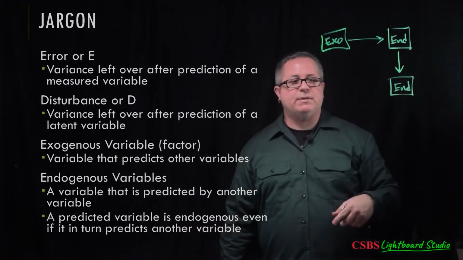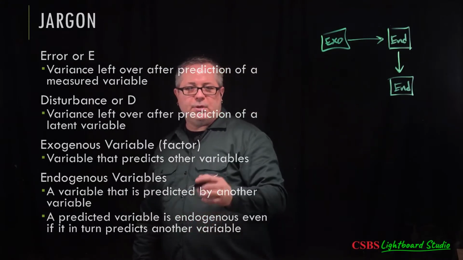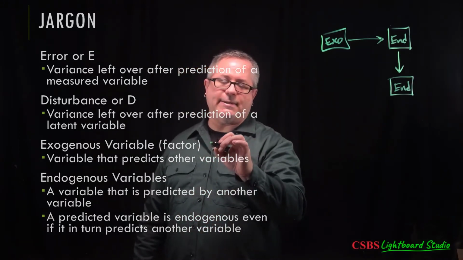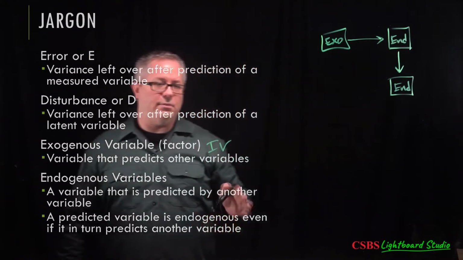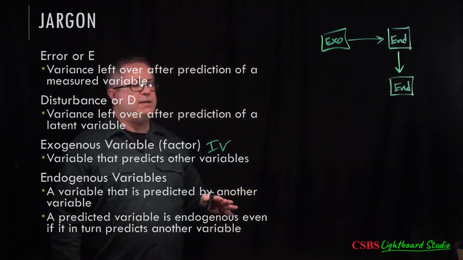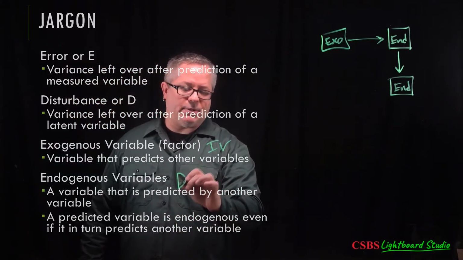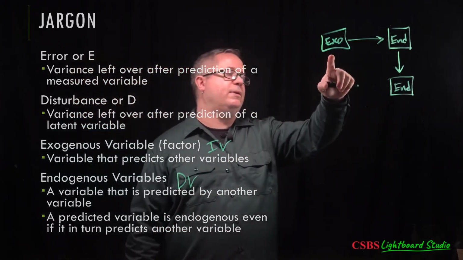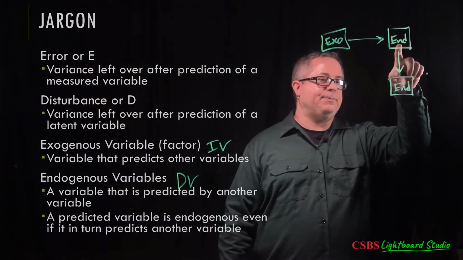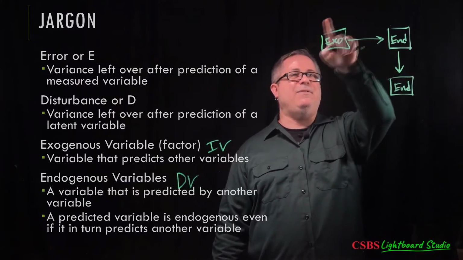The reason is that these terms go together. This is the same thing as an independent variable, and this will be the same thing as a dependent variable. If something is independent, it influences other things, and it's not influenced by anything else.